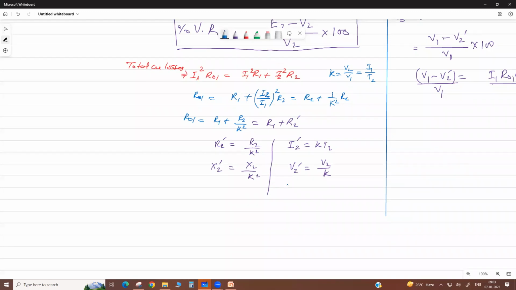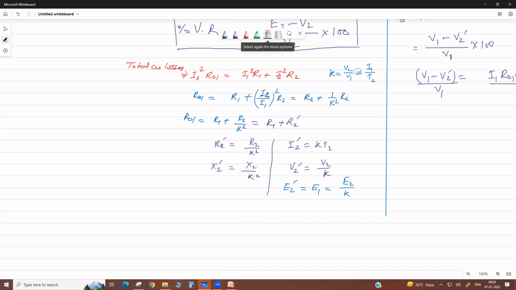Like we write E2 dash equals E1, E2 dash equals E2 by K, because of the turn ratio of the transformer.